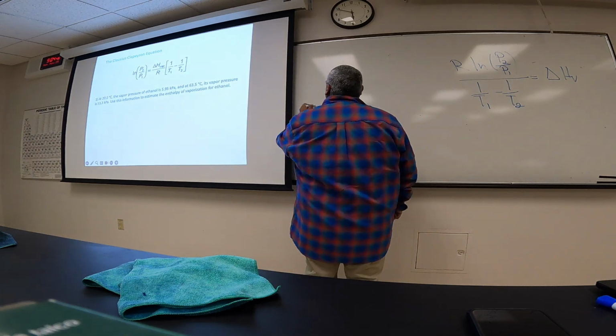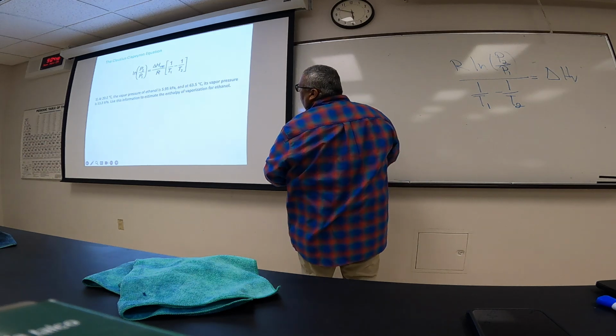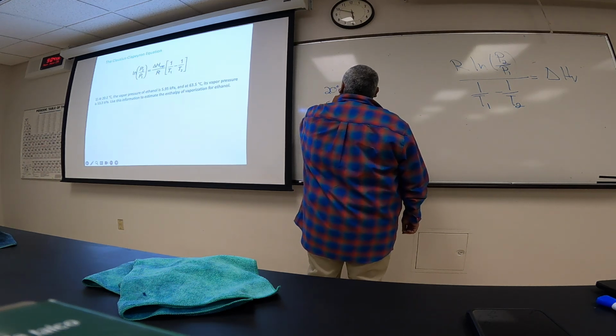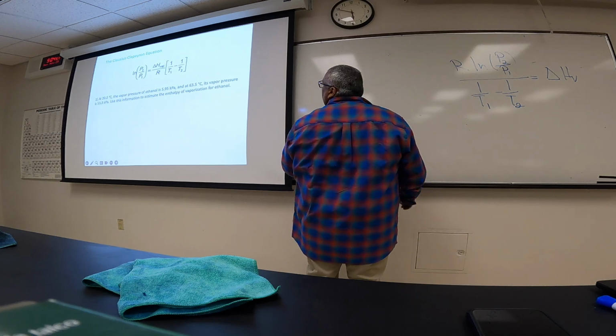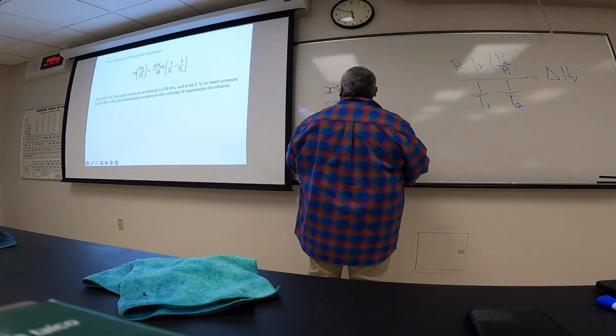At 20 degrees Celsius, the pressure is going to be 5.95 kilopascals, and we're going to have 63.5 degrees Celsius.